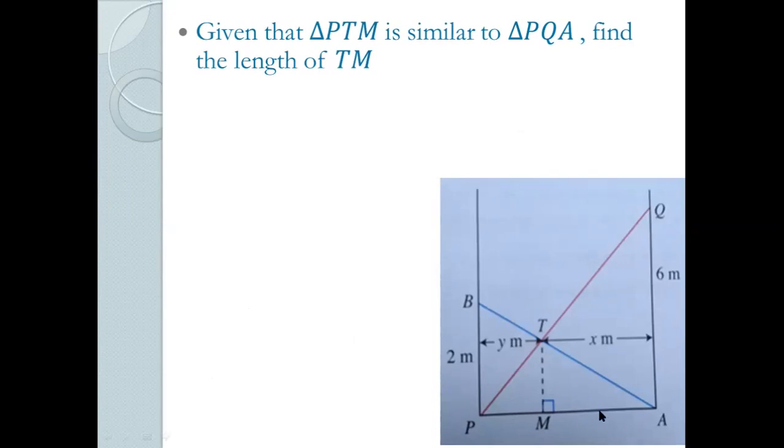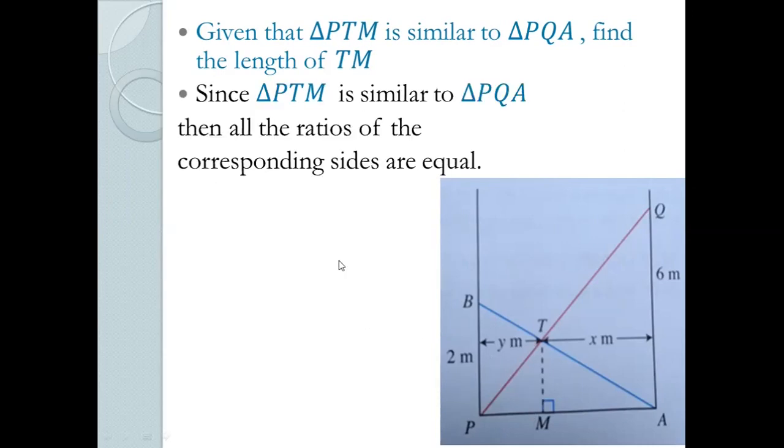We have to find the length of TM. Since triangle PTM is similar to triangle PQA, again all the ratios of the corresponding sides are equal. So TM upon QA is equal to PM upon PA.